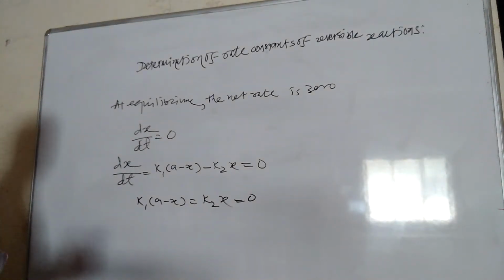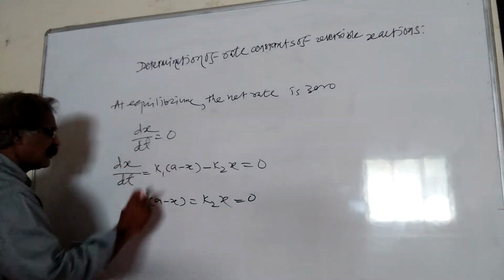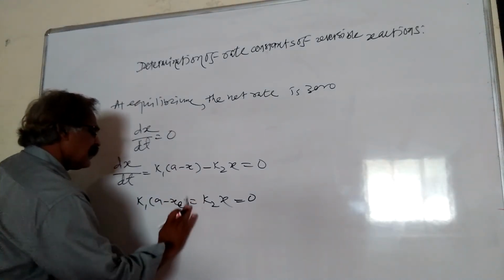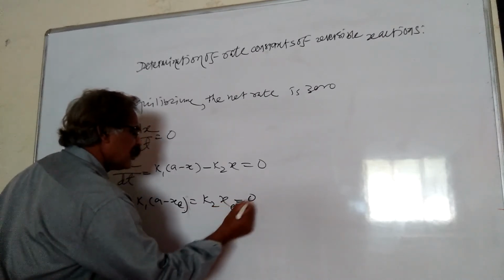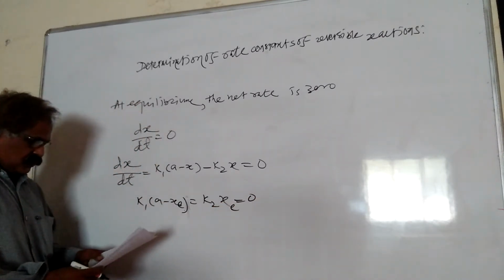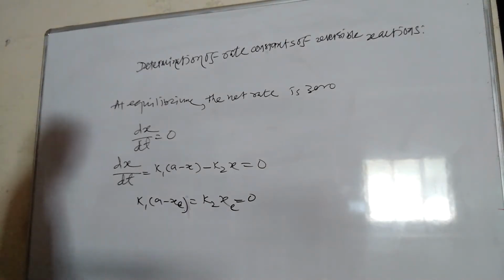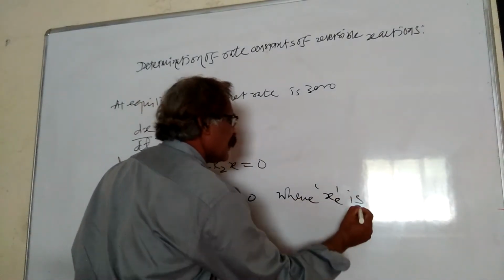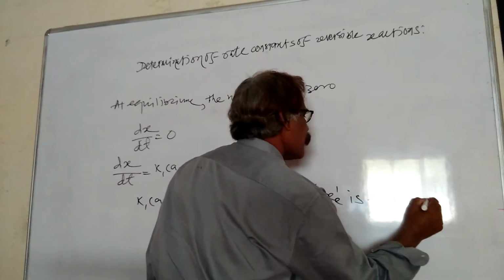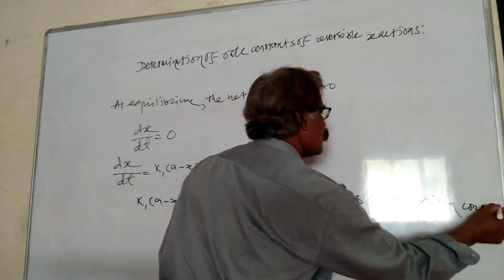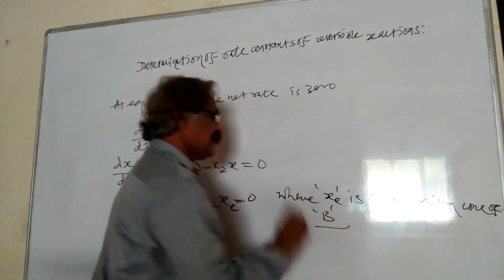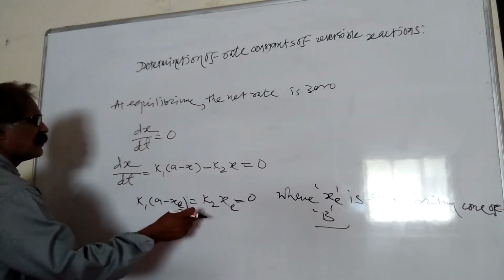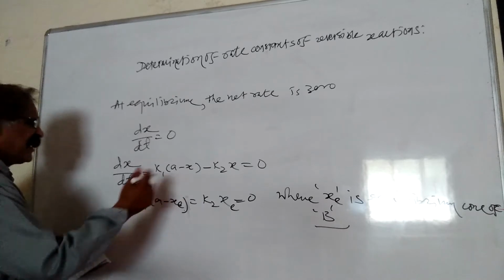or more correctly, K1 into (a minus xe) is equal to K2 into xe, where xe is equilibrium concentration of B. Okay, or let us rearrange this equation for K2.